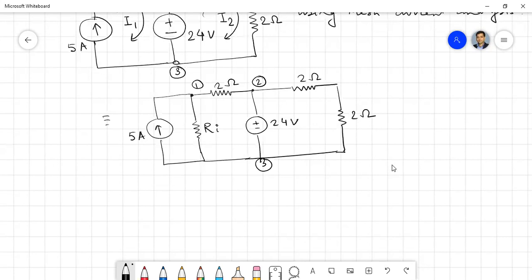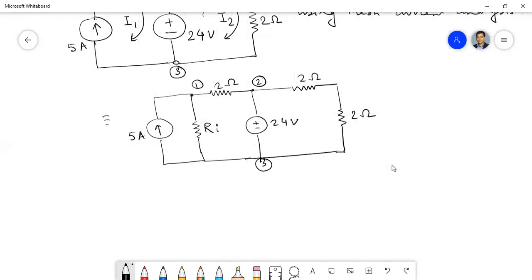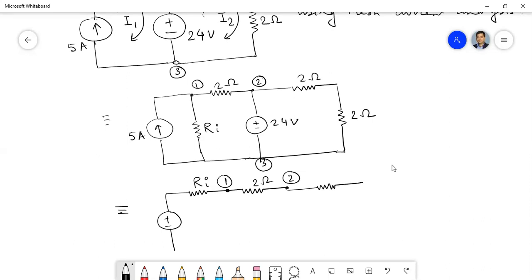So before that, if we have this, then we can convert it to an equivalent voltage source, isn't it? Now you just tell me, if we convert it, what we'll get? We'll get some voltage source in series with Ri only. Again, this will be 1, this will be 2 ohm, this will be the node 2, this is the 2 ohm.